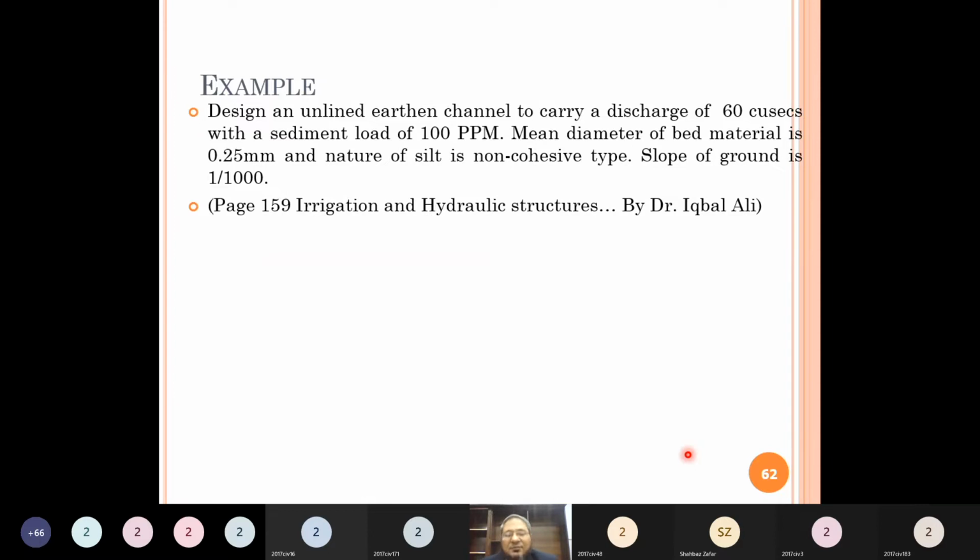These velocities are basically recommended by certain engineers and authorities.